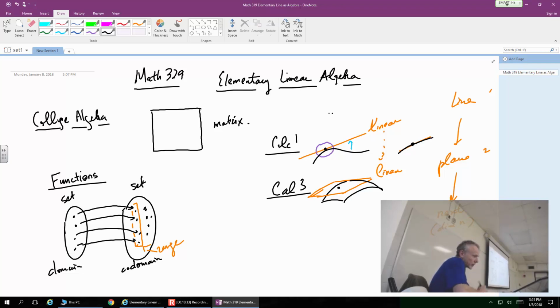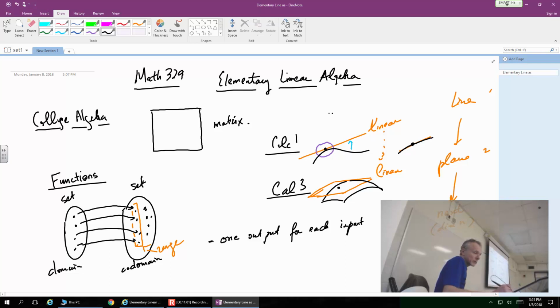Once again, I don't want to define what a function is, but we think of them as simply correspondences between two sets of objects, and the only requirement is that there is only one output for each input. That's all.